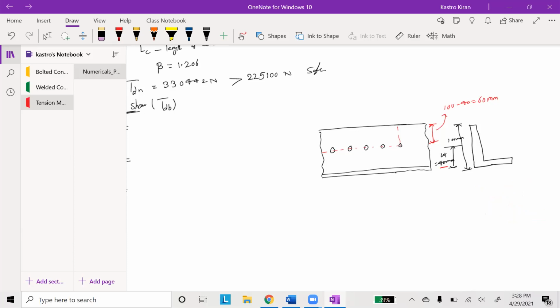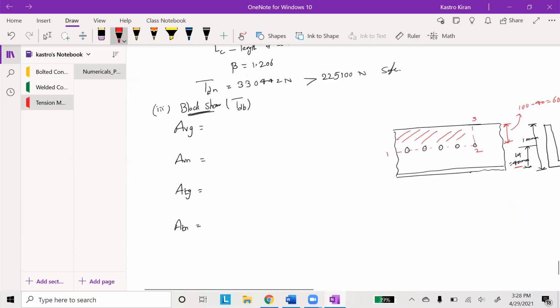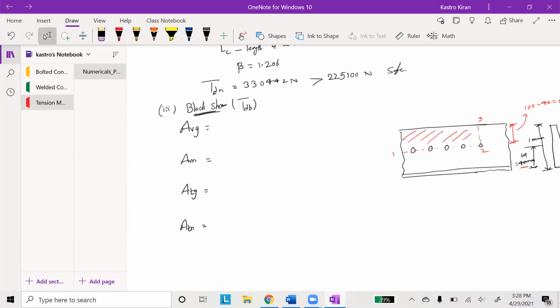Now you must be clear in determining the section of failure. I'm just marking it as 1, 2, and 3. That is the path of failure, or this entire portion that is getting failed. Now let's find out the value of AVG, the gross area in shear.